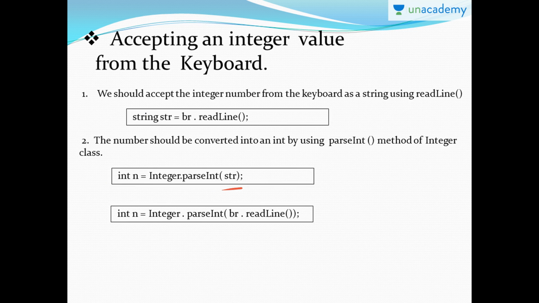That means whatever value you take has to be converted using the parseInt method to the integer type. If I take a as an input but still want that in integer format, the Integer.parseInt method is used to convert this string into integer type.